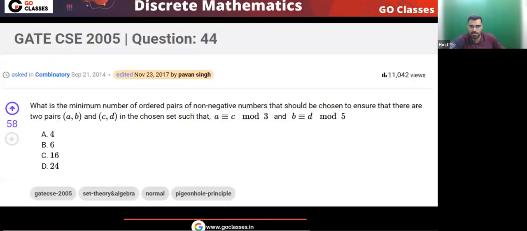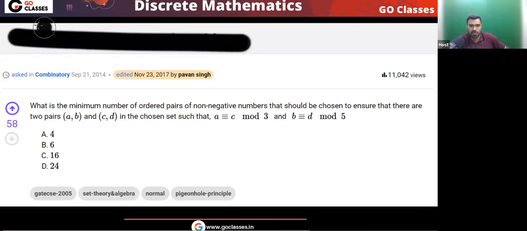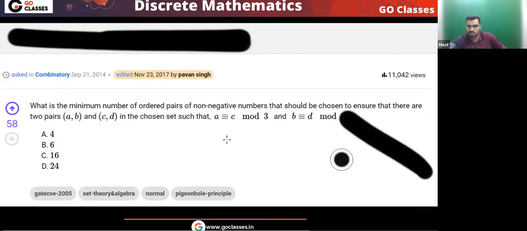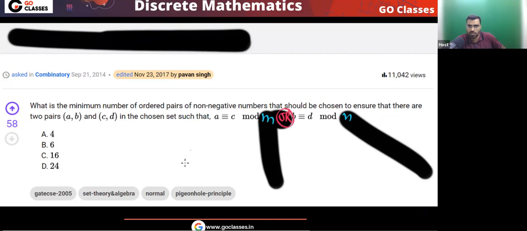This is the generalization. In the same question, if I ask you the generalization when you have OR, then what will the answer be? For example, let's assume I give you m here, n here, and OR here.